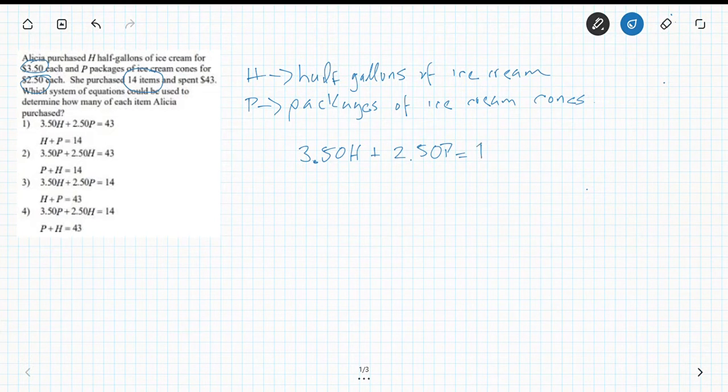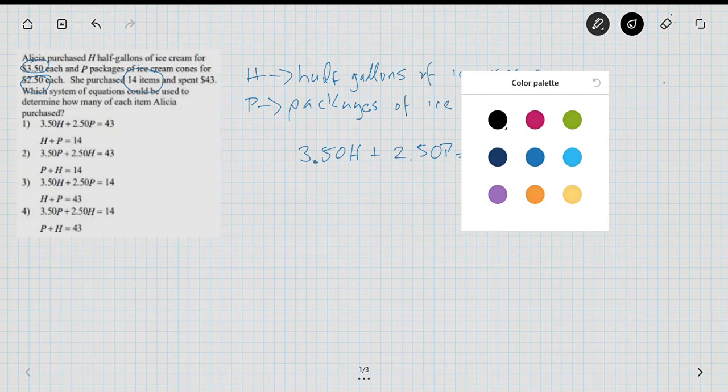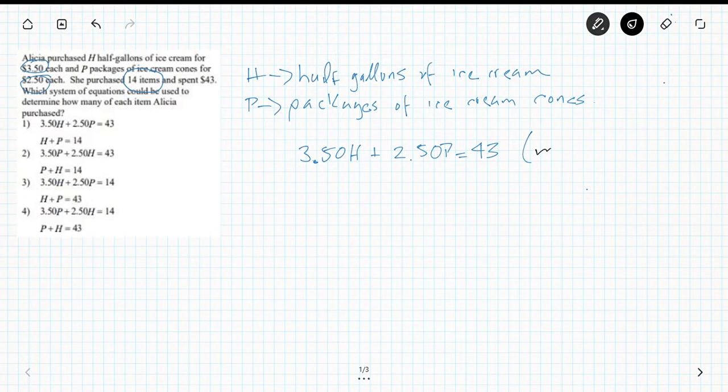It was $43. Perfect. So we have this equation that deals with money.